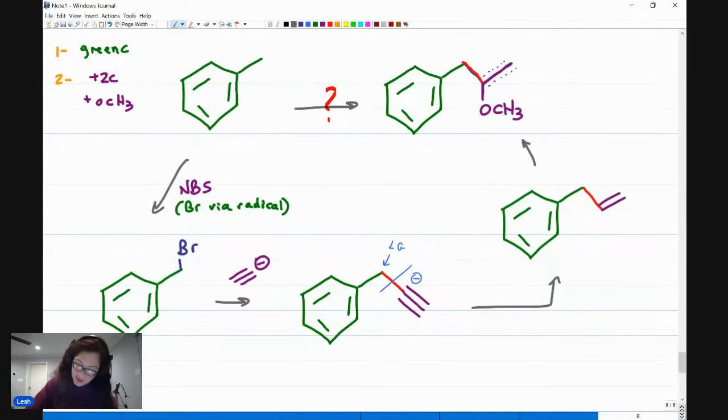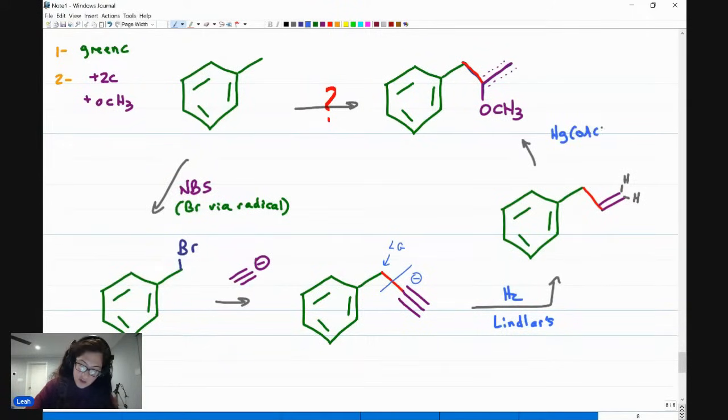So let's fill in any missing reagents. To turn the alkyne into the alkene, because it's terminal, I don't have to worry about cis or trans. Those are just hydrogen. So I can use any of the partial reductions that I know. For example, H2 and a Lindlar's catalyst. Once I have the alkene, instead of oxymercuration, I can do alkoxymercuration.